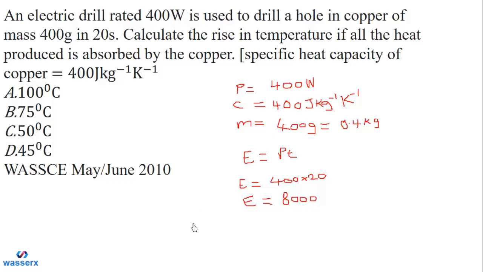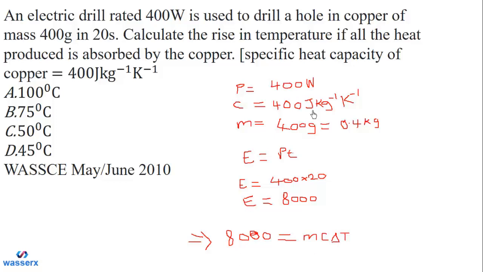But you need to remember that the energy produced is equal to energy absorbed. So this implies that 8,000 is equal to the mass times the specific heat capacity times the change in temperature.